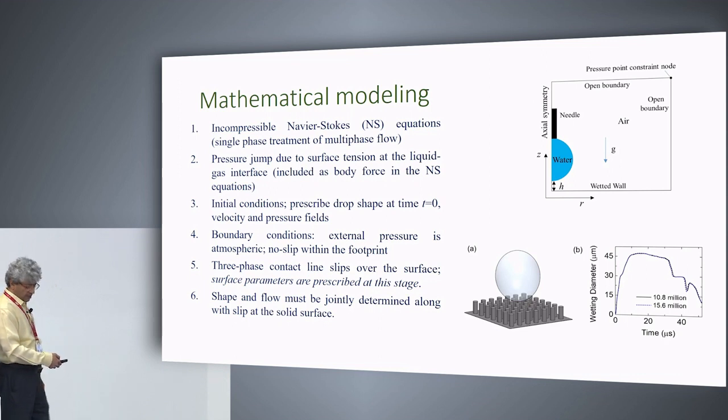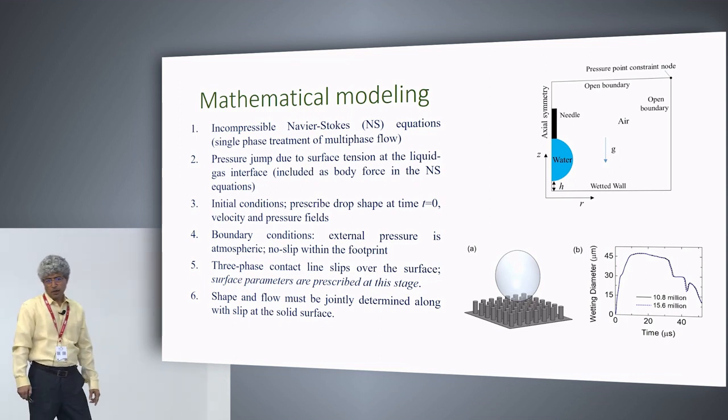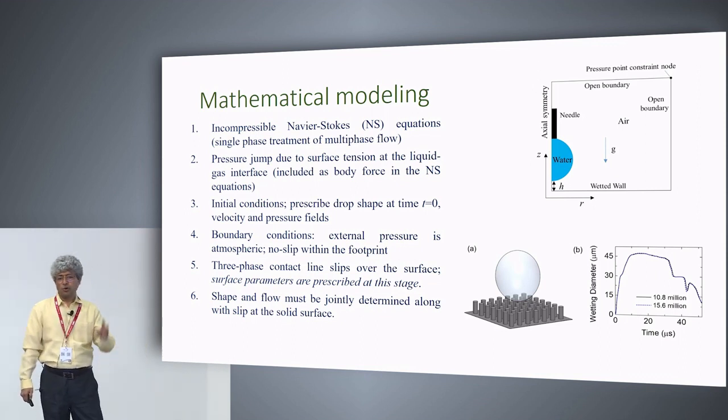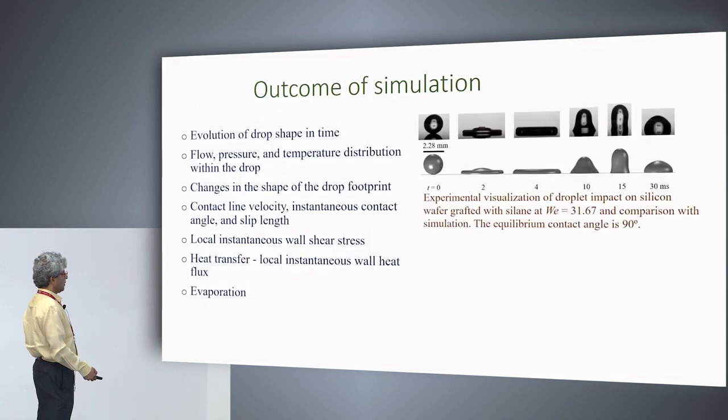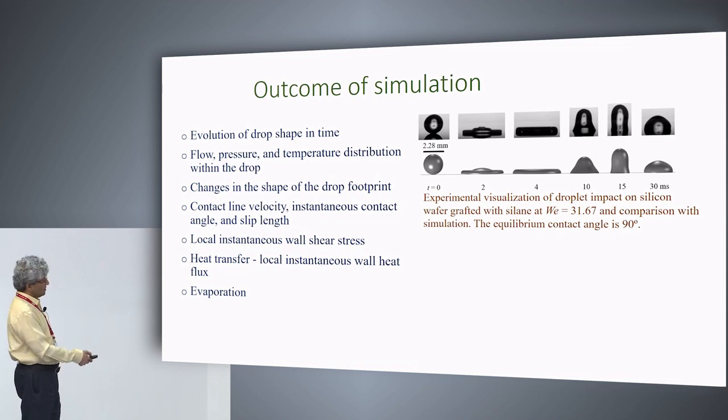So we have spent time thinking about how the contact line can be modeled, because this drop-surface interaction plays an important role for condensation. When you carry out the simulations, it's just a sample.